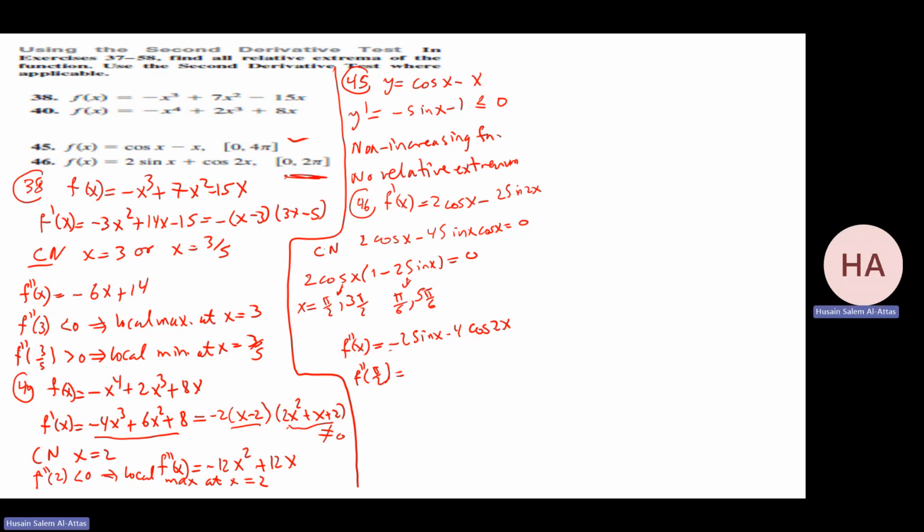That will be minus 2. That will be 0. No, that will be cosine pi, which is minus 1. So it will be minus 2. Be careful, huh? Minus 2 plus 4. That is 2 positive. So you have local minimum at x equal pi over 2.